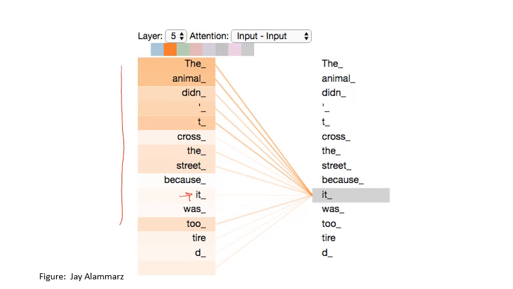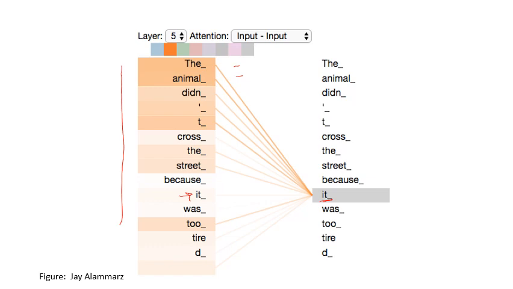So when you do self-attention, the attention between the sentence and itself, you can see that the word it in layer 5 attended to the animal the most. The thickness of these connections shows the coefficient of the attention.